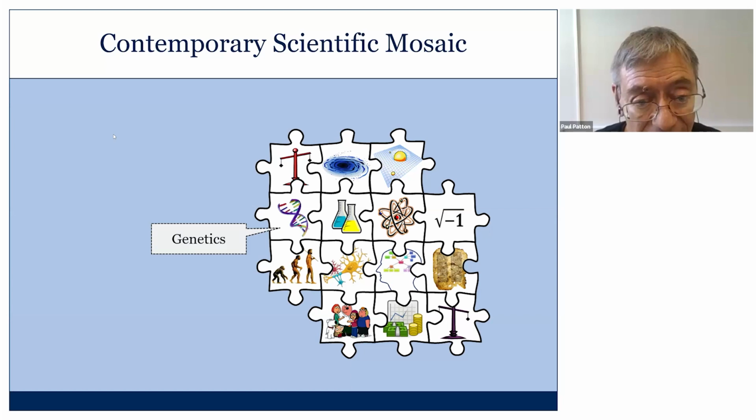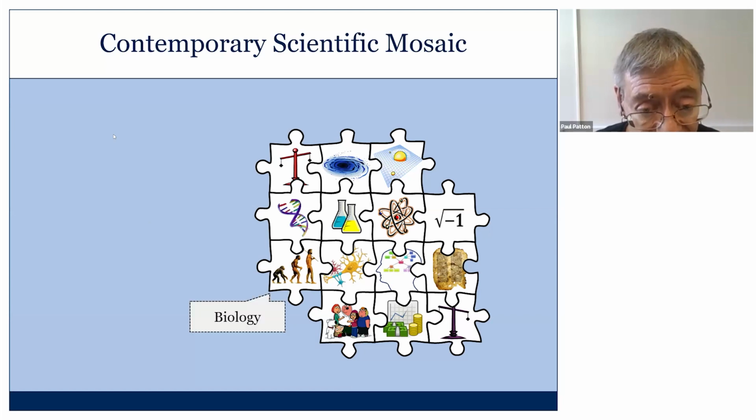Chemistry, genetics, biology. Now notice that I'm giving the names of disciplines. That's a sort of shorthand for a set of theories and questions. And in a later talk in this workshop, we're going to be talking more about the relationship between disciplines and questions and theories.